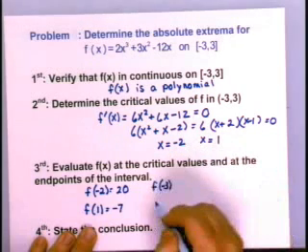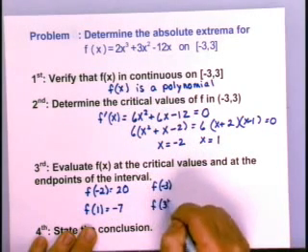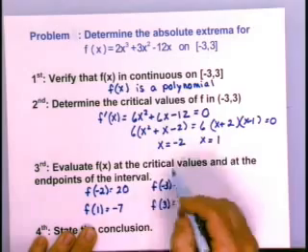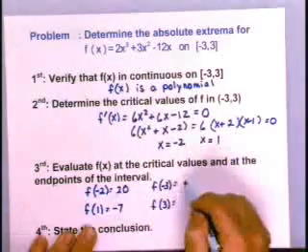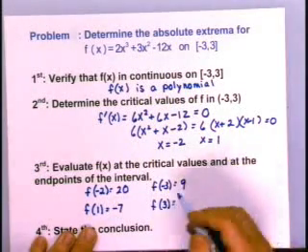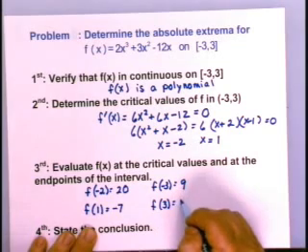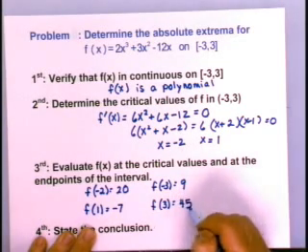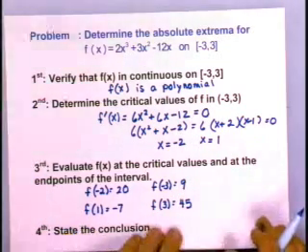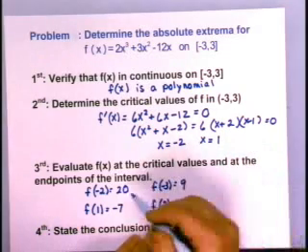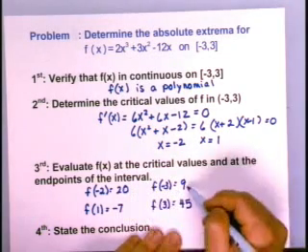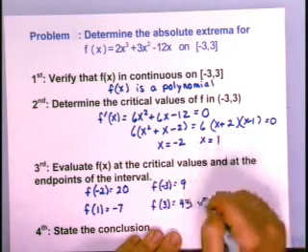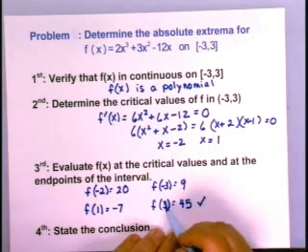So the endpoints of the interval are -3 and 3. If you substitute -3 into the original function, you obtain 9, and substituting 3 into the original function, you obtain 45. So notice that the largest value, among 20, -7, 9, and 45, is obtained at x equal 3.